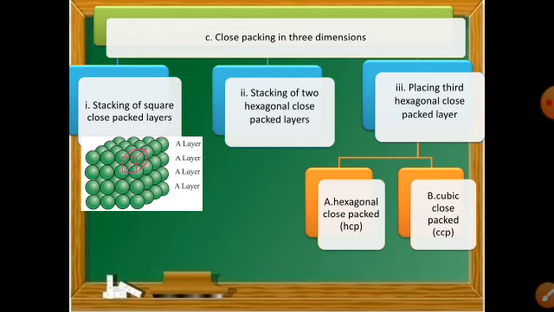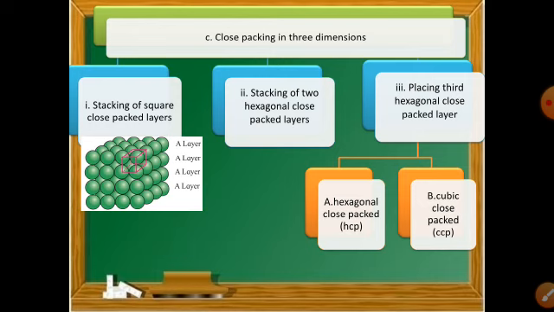And since two more layers are present, one above, another below, there is one more particle from the upper layer and one particle from the lower layer. So the central atom will attach with a total of 6 spheres: 4 from its own layer, one from above, and second one from the lower, so that will be total 6.